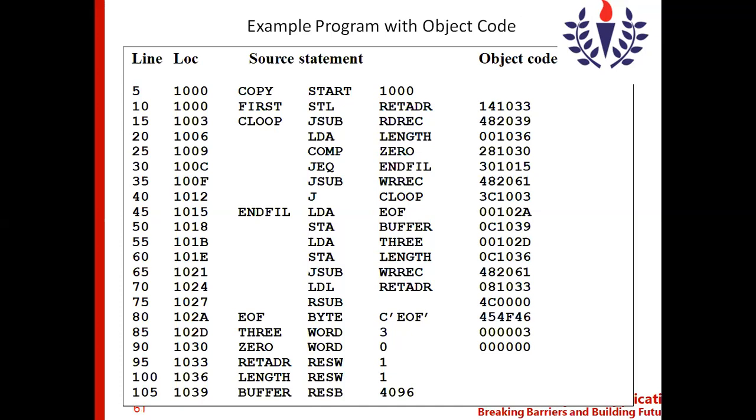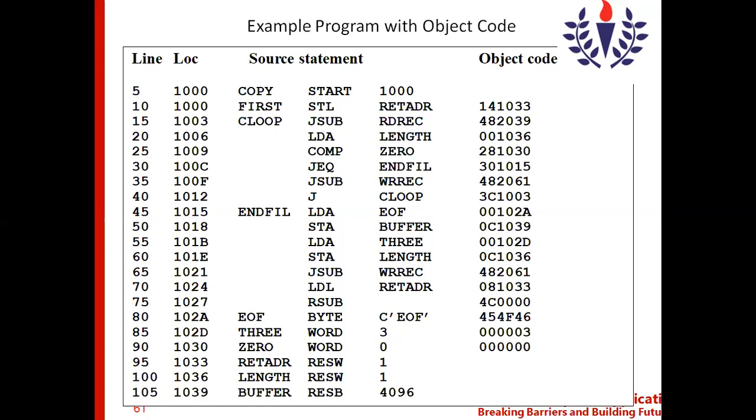Now, when you look at the opcode STL, it will be searched in the op table. Definitely STL would be available because it's a proper instruction in the SIC machine. So obviously the STL will be found in the op table. If it is found, it means this is a proper instruction. In the SIC machine, the instruction format has 3 bytes of storage.